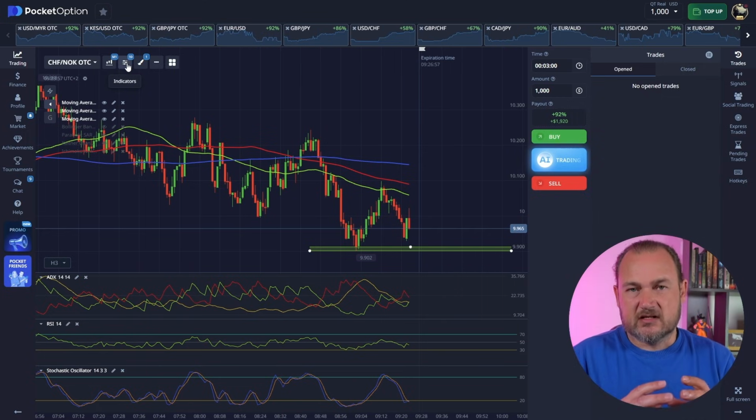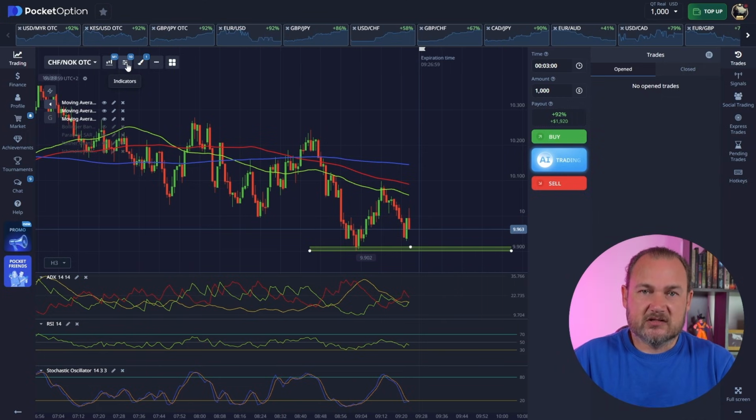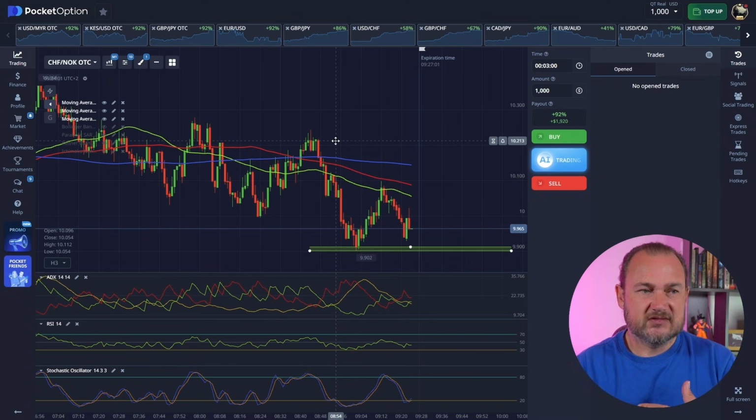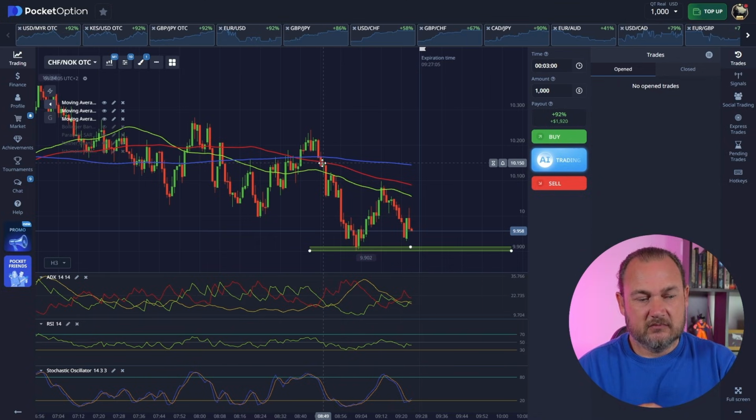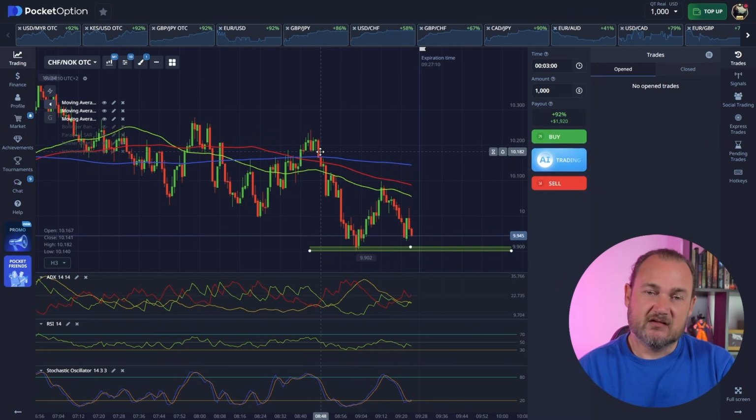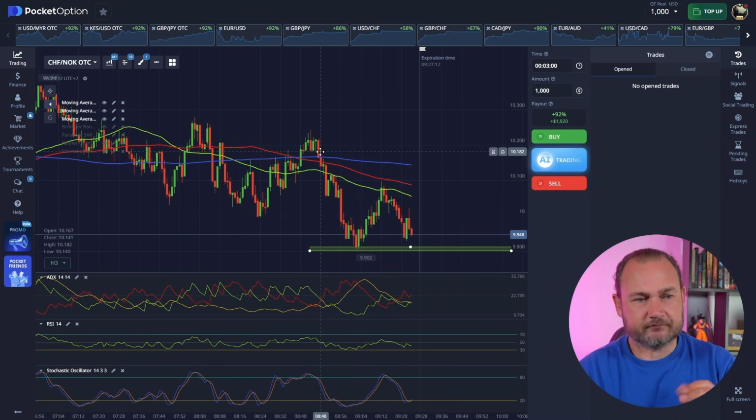Stochastic and RSI are both momentum indicators. This is something that people tend to forget. It's not an indicator where you can say that if it's overbought I can sell, and if it's oversold I can buy.